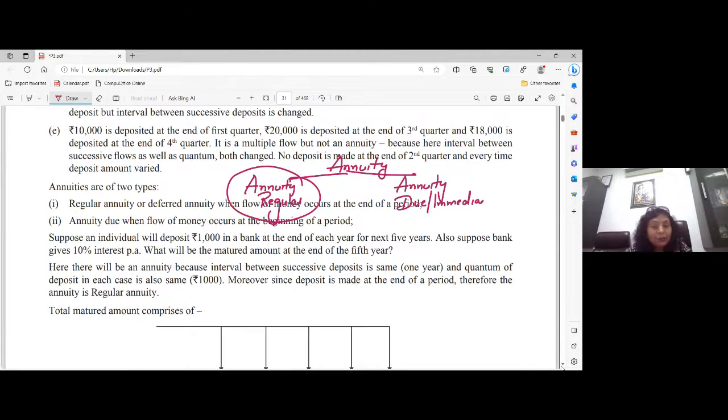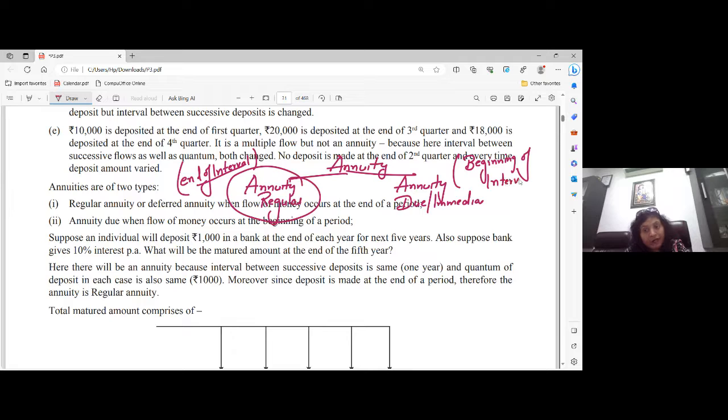If you are paying installment at the end of interval, then this is called annuity regular. And if you are making the payment in the beginning of interval, then this is called annuity due or immediate.